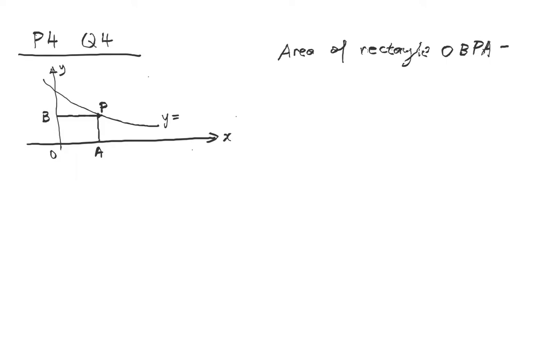Okay, I let it be A, and I want to write it in terms of X. So I will write down A(x) equal to, so you want to find the area of a rectangle will be length times breadth. So I will say OA times AP. Okay? OA times AP. Okay, so now I have to know what is OA.